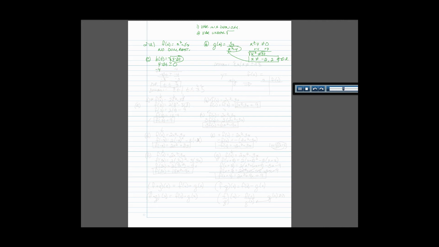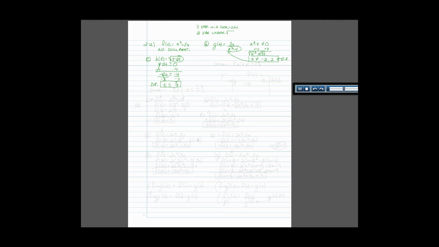We subtract 4 from both sides, and we get -3t is greater than or equal to -4. Divide by -3, and we know that when we do that, we flip the sign, and we get that t must be less than or equal to 4/3. So that is the domain restriction, that t must be less than or equal to 4/3.